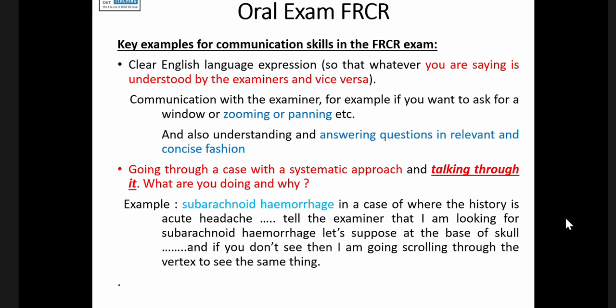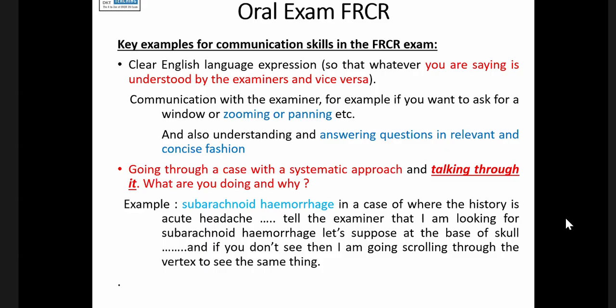For example, if you want to ask, can I zoom it? Can I go to this window or that window? This is part of the communication. This is you speaking with them. And on the other hand, when the examiner asks you something, you have understood it, and your answer is concise and to the point. One of the key techniques for communication is talking through the case.